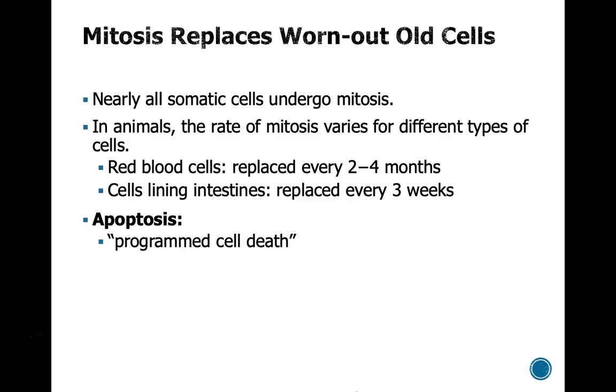It'll essentially stop. This is important because after too many rounds of cell division, the telomeres are degenerated, and the cell is no longer able to pass on the proper genetic information.